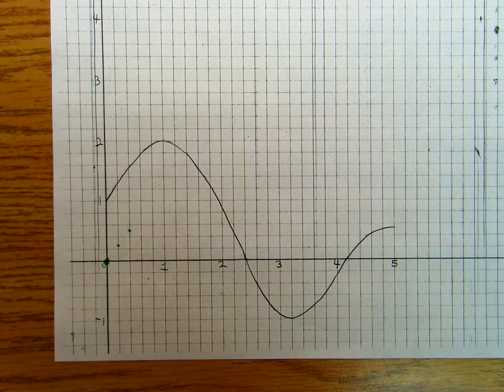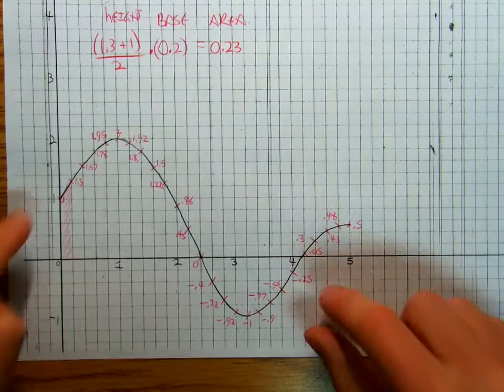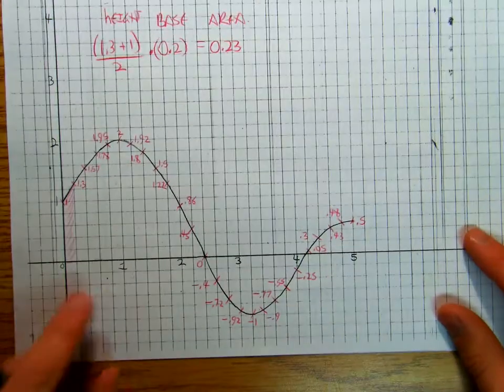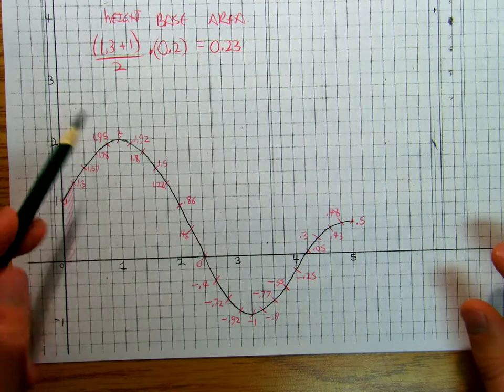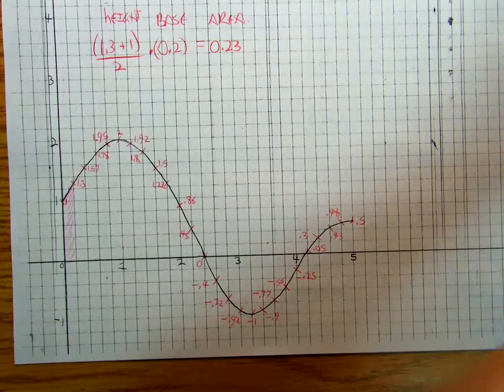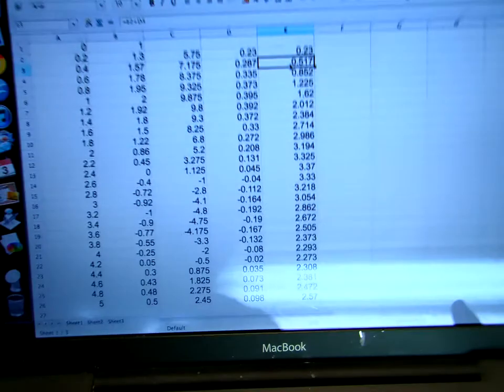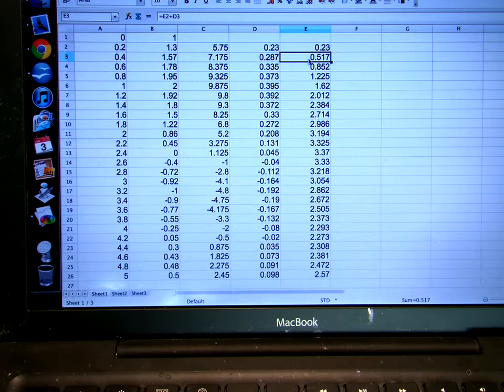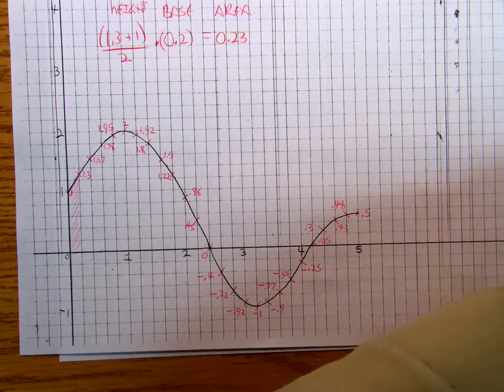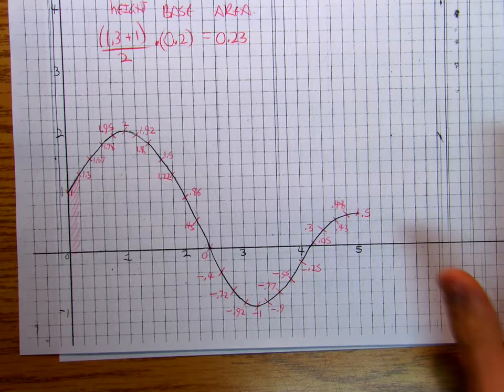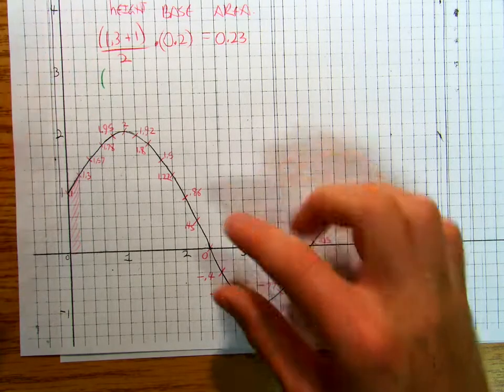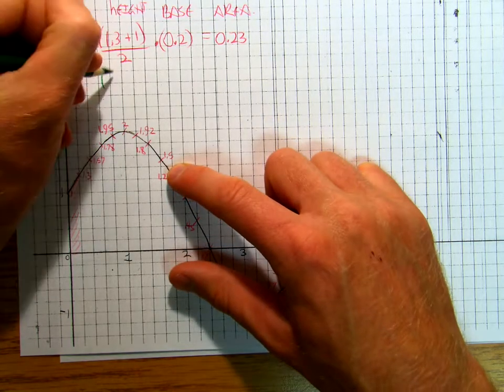Okay, so now I'm going to read off numbers. What I did is I took these numbers that I generated and put them into a spreadsheet. You can pause on that if you want.